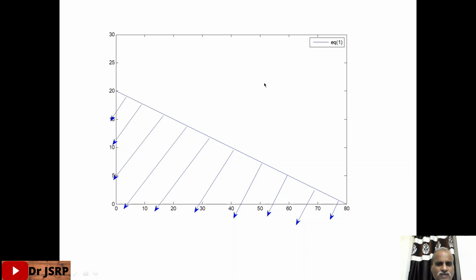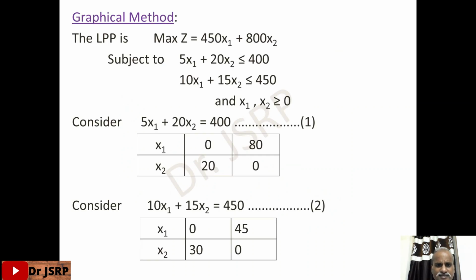Substitute the origin in the inequality.